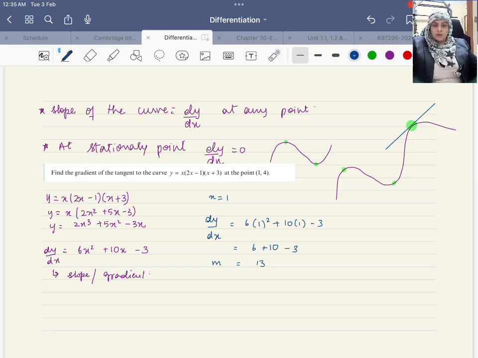Gradient or dy by dx is 13. So this is the gradient of the tangent, or this is the gradient of the curve at that point from where a tangent passes through that curve. A tangent is a line that touches the curve at only one point. So at the same point, the gradient of the curve and that of the tangent will be the same.